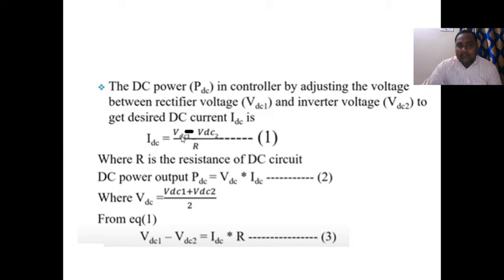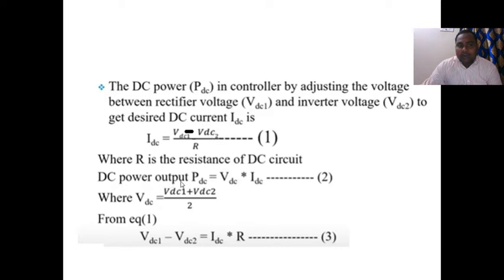IDC is equal to VDC1 minus VDC2 by R. Take this as equation 1, where R is the resistance of the DC circuit, VDC1 is the rectifier voltage, VDC2 is the inverter voltage.